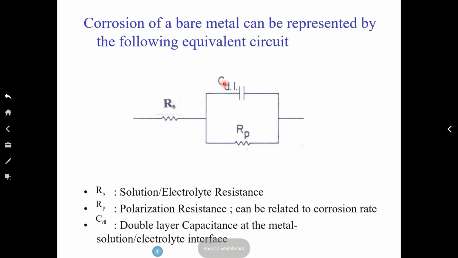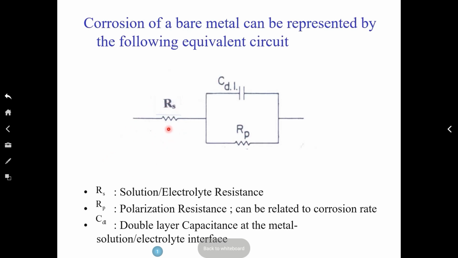Okay? And I think this kind of circuit is actually used in corrosion. As I told you, one of the first communities that used this technique very successfully was the corrosion community. If you look at the corrosion of a bare metal that is inserted in a solution, that can be represented by exactly the same circuit: RC parallel connected to a series resistor.